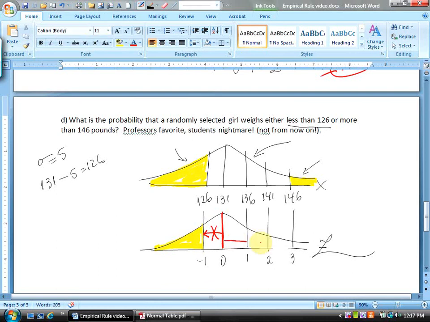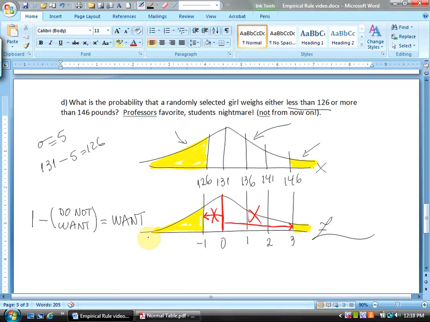Now, when I go to the right, I go all the way to 3, and I don't want that either. All right, I want that. So the best way here is to remember that the whole thing is 1. So 1 minus what we do not want. Well, if I throw away what I don't want, I keep what I want. Okay? So I have to throw away what I don't want, which is the white area.